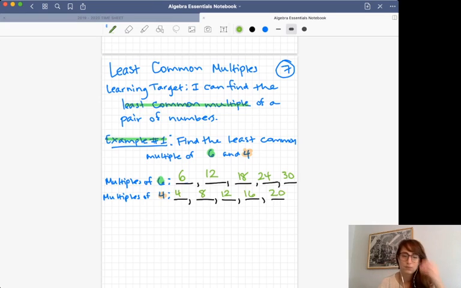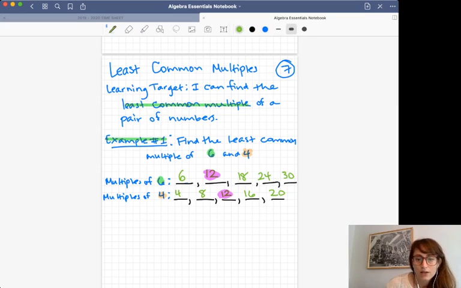And then we stop and we look and we see if we have any numbers that are the same for both. So what I notice here is that I have a 12 here and a 12 here. And those are the only numbers I see that are the same, so that means they're also the smallest number that is shared by 6 and 4.